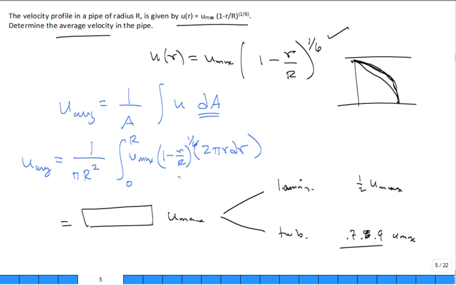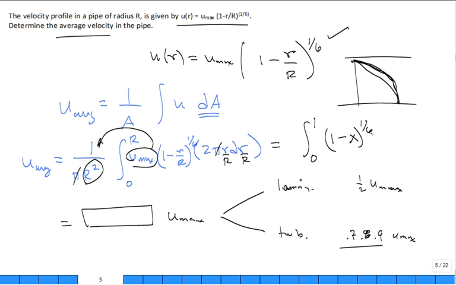Well, for this problem, you can cancel the pi. You can take this cap R squared and put it underneath here, and underneath here. You introduce a new integration, take this outside the integral, and you would integrate from 0 to 1 of (1 minus x) to the 1/6 x dx, where x is a new variable, which is lowercase r over cap R. And so now I make it into a simple integration.